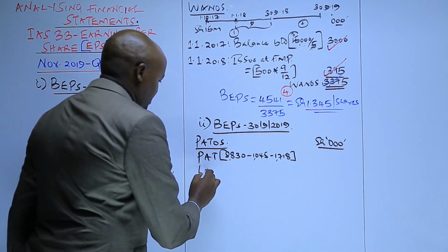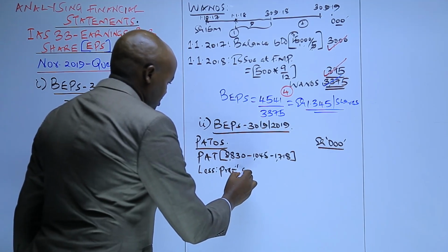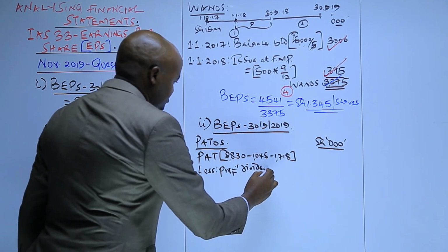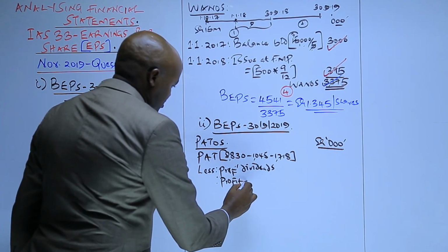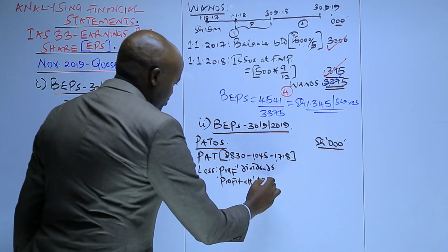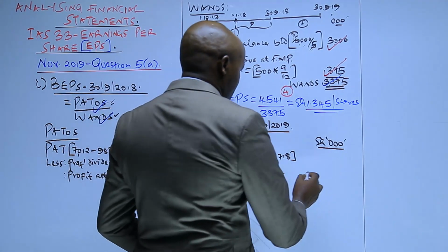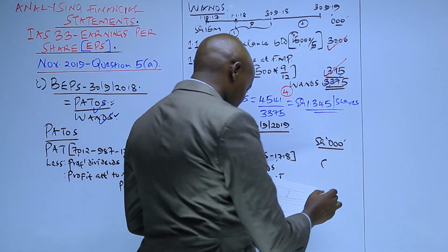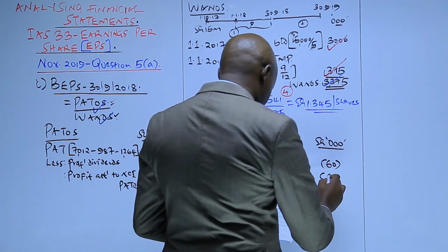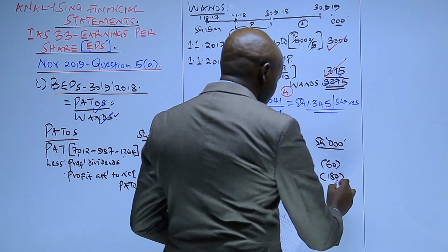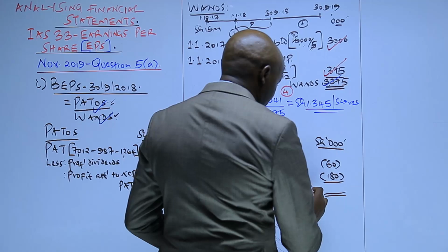And then to this we less the preference dividends, and also we less the profit attributable to non-controlling interest. So the preference dividends still is a figure of 60 as the first year. The profit attributable to non-controlling interest is 180. So this will give us now the PATOS.